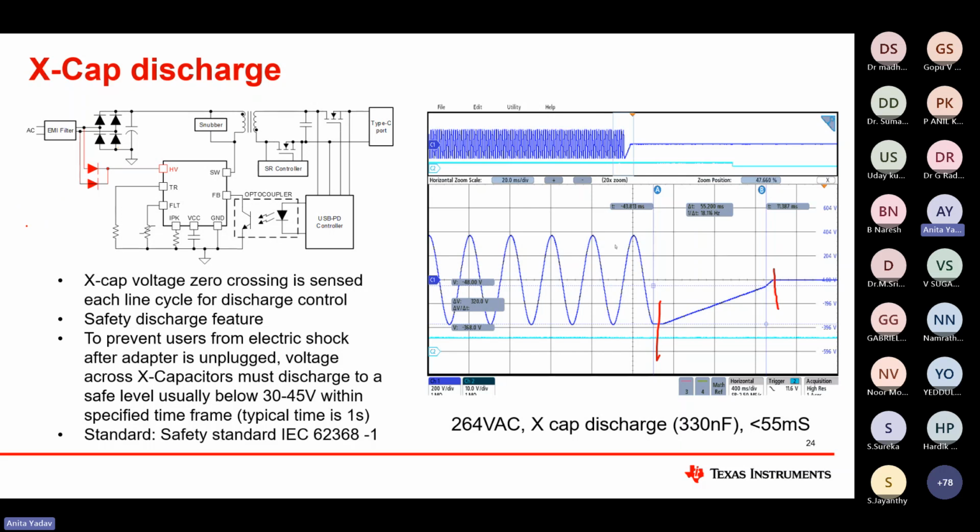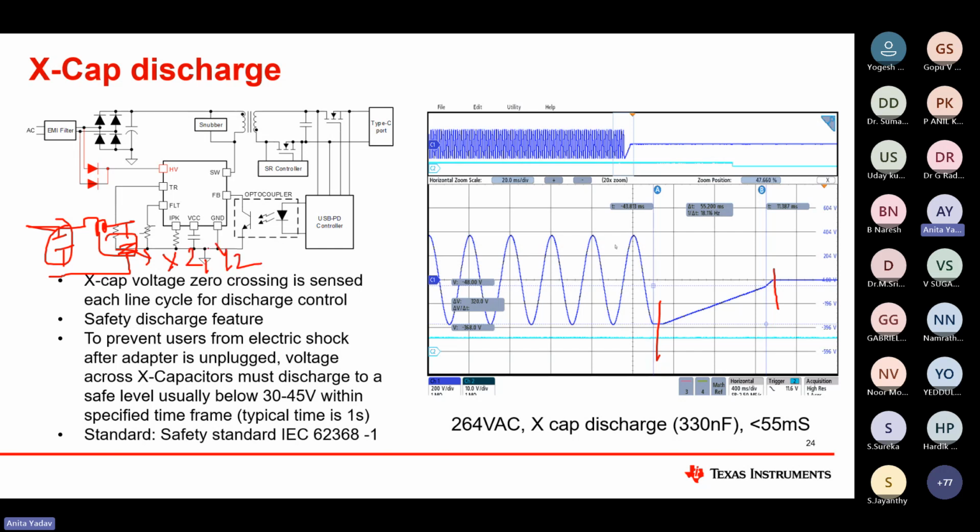In our design we have some EMI filter. Let's say I have a one-stage EMI filter, so this is our CLC. These are the X caps, which are rated for safety standards like X2 rated, Y2 rated.